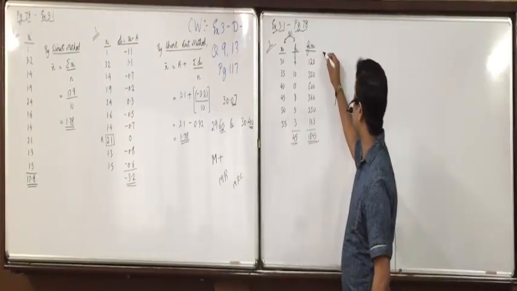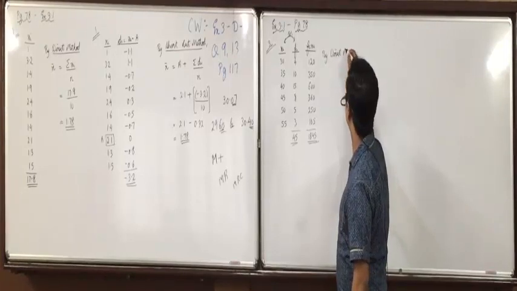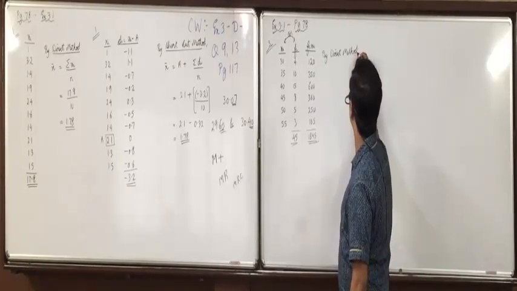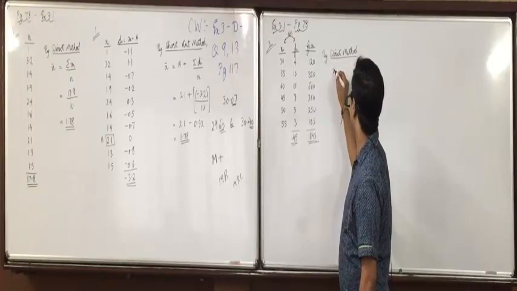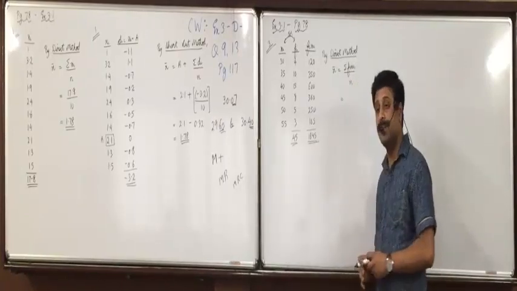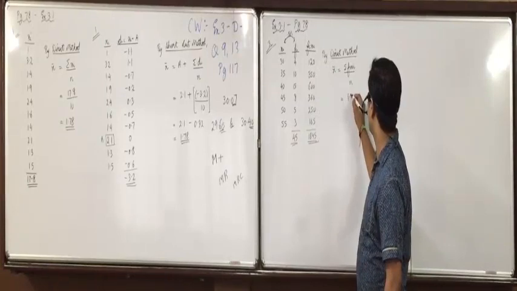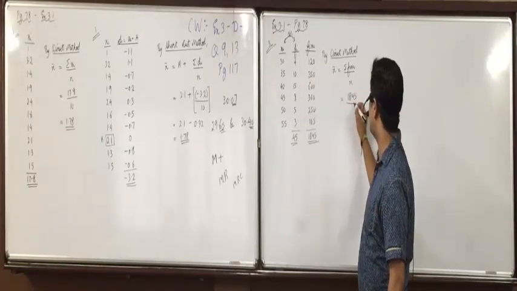Now by direct method, x bar is equal to sigma fi xi upon n. What is sigma fi xi we got? 1845 divided by n.